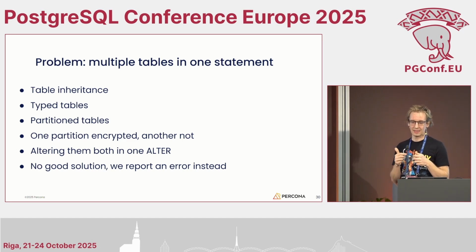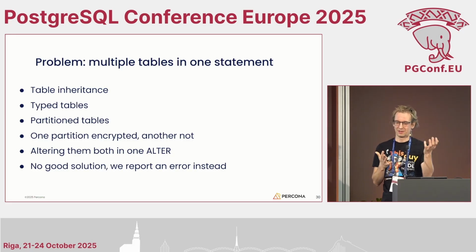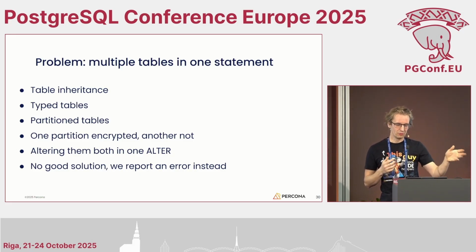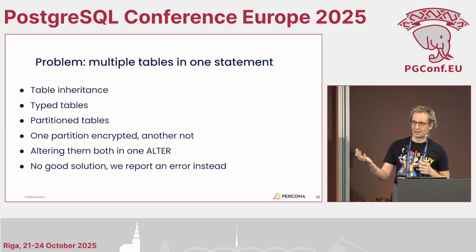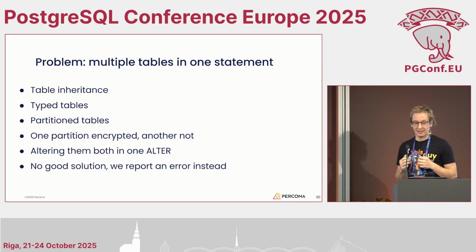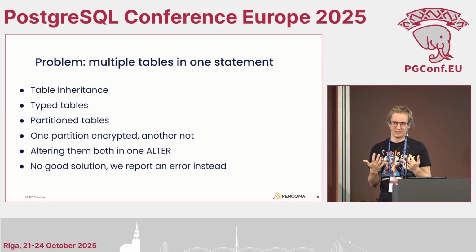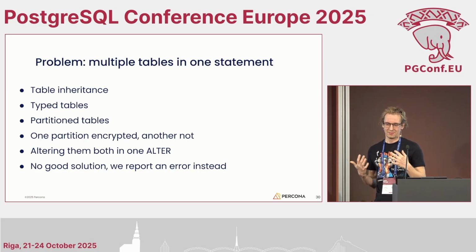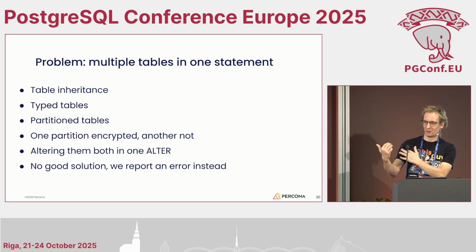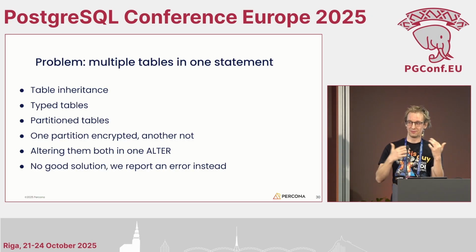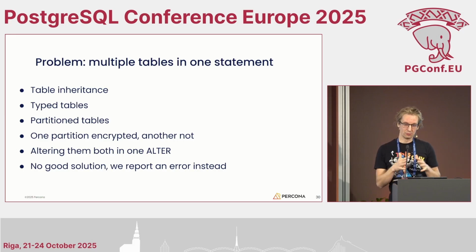Or if somebody has a typed table, it's possible that somebody creates an encrypted table based on the type and another unencrypted table based on the type. And then when they execute alter table statements, these alter statements can be executed on the top-level objects, which means that in a single statement, we are altering or changing multiple tables.